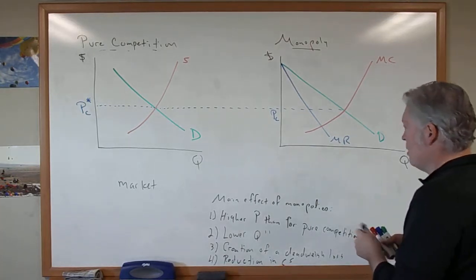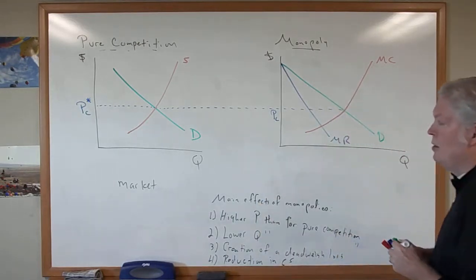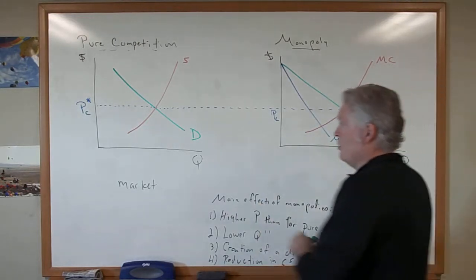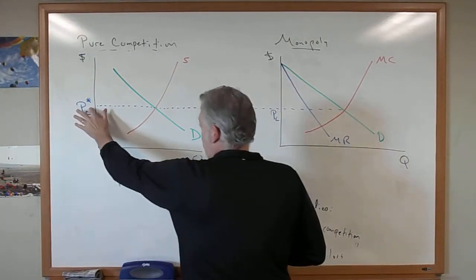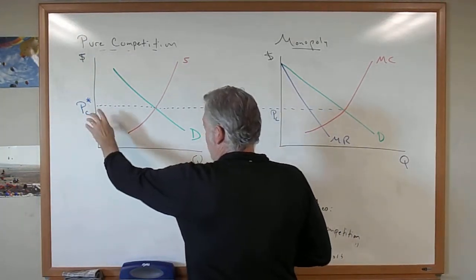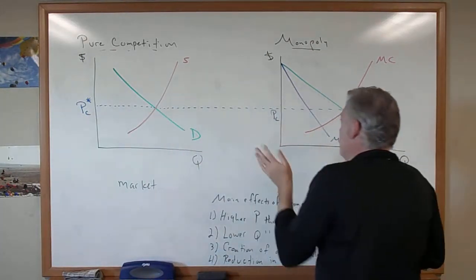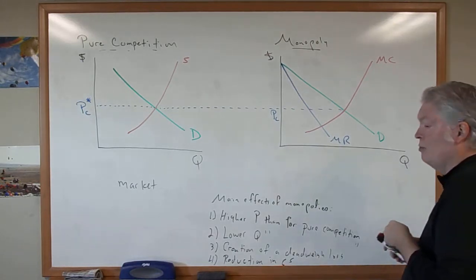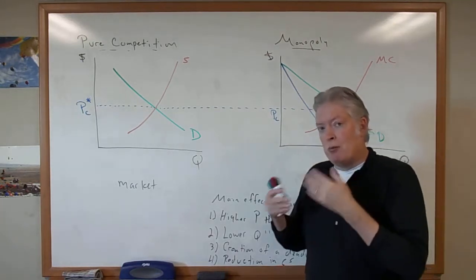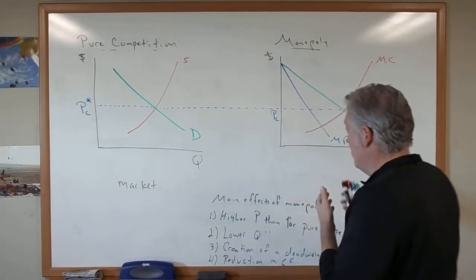So to talk about the issue here concerning the determination of price, first of all, we revisit the model of demand and supply in perfect competition. And we have an equilibrium price, a market-determined price, that we'll simply call P sub C, in other words, the competitive price. And we'll talk about how that differs from any firm in imperfect competition that is able to charge a price that allows it to earn positive economic profit and thereby earn a monopolistic price.